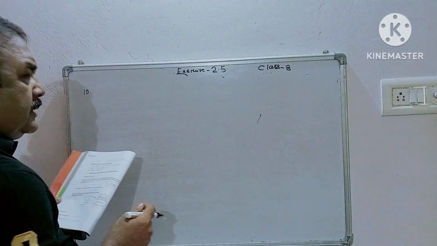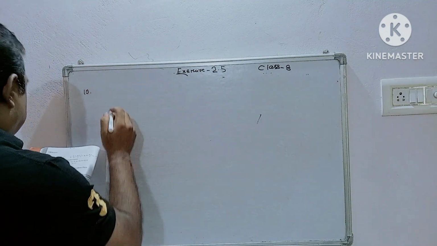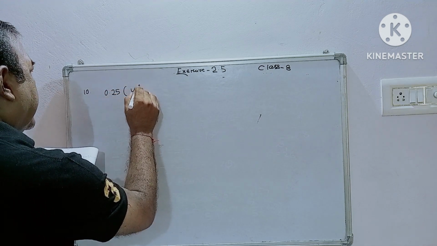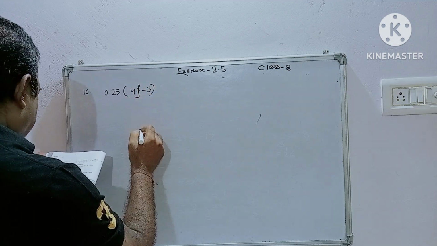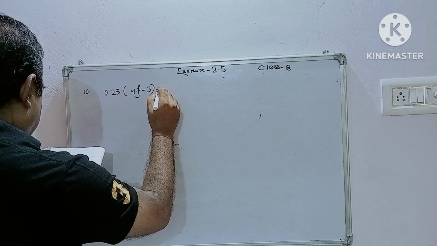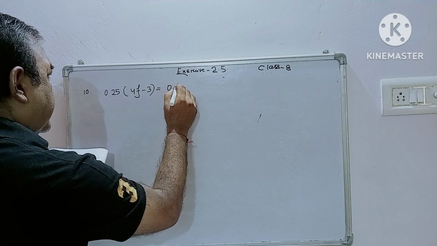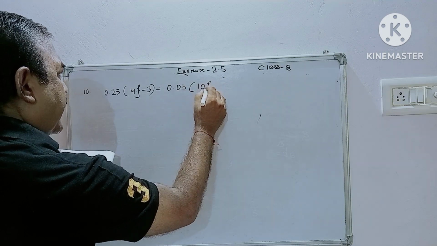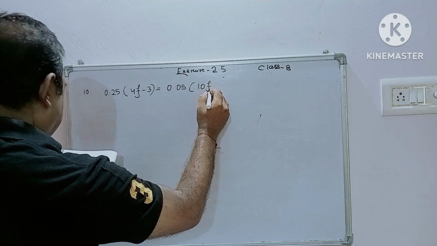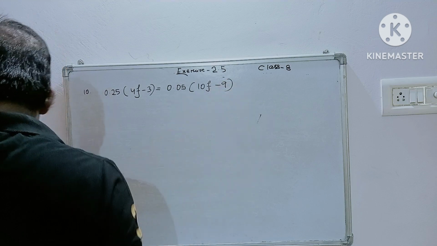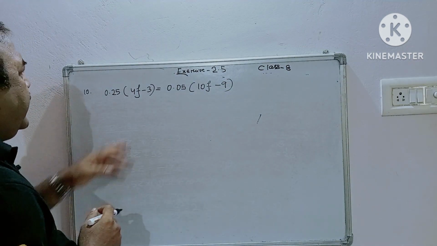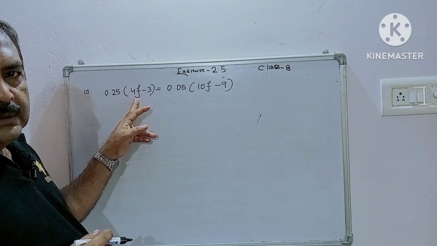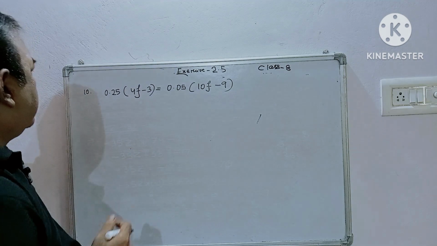That means using the decimal value we will proceed. 0.25 into (4f minus 3) is equal to 0.05 into (10f minus 9). You see, f is the variable here and we will have to find the definite value of f, due to which the equation will be satisfied.